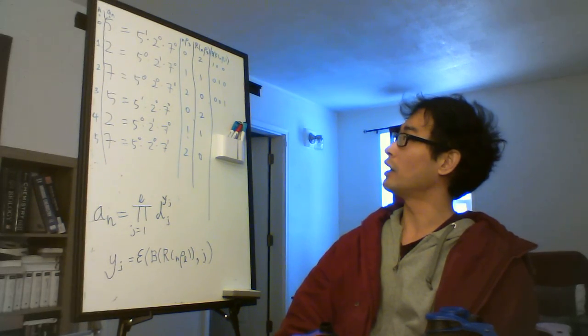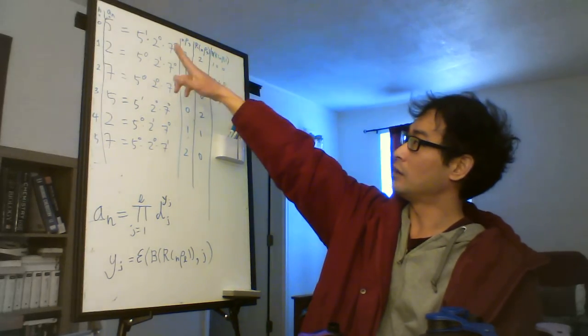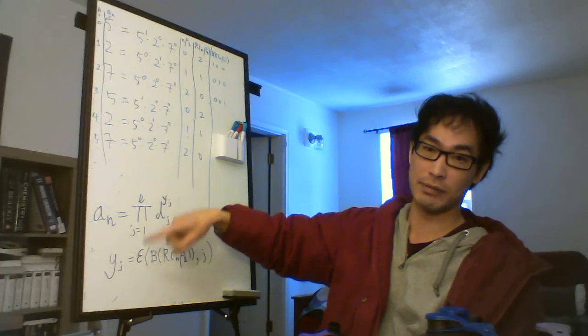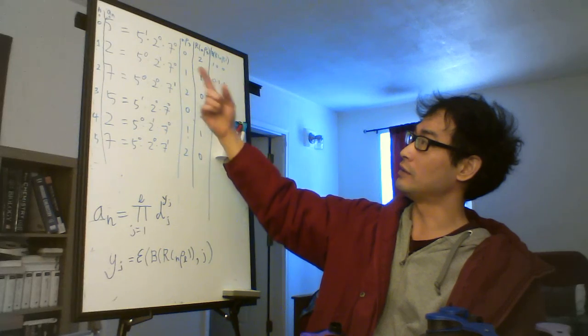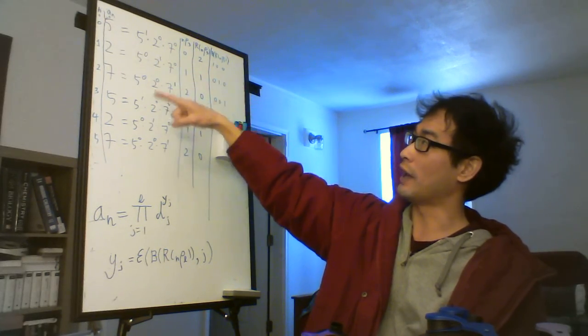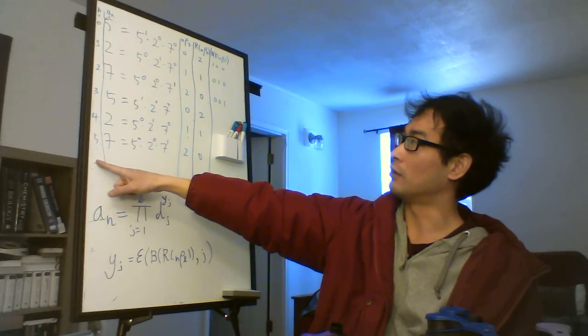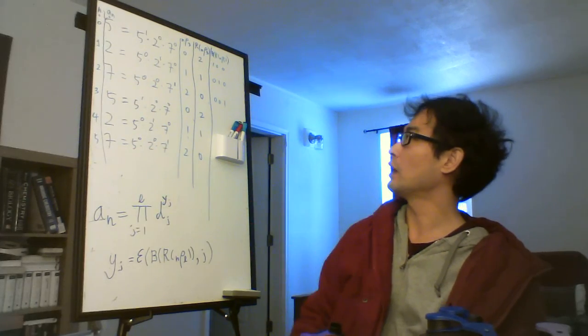What do we have here? We have this periodic sequence 527, 527, 527, and the index starts from 0: 0, 1, 2, 3, n. You have an n column: 0, 1, 2, 3, 4, 5, and so on.